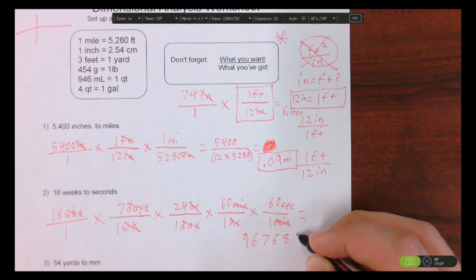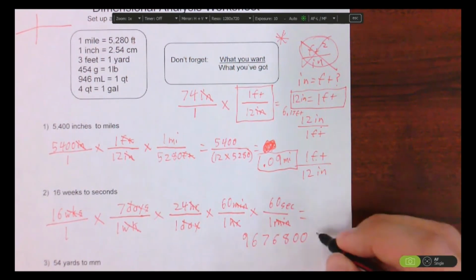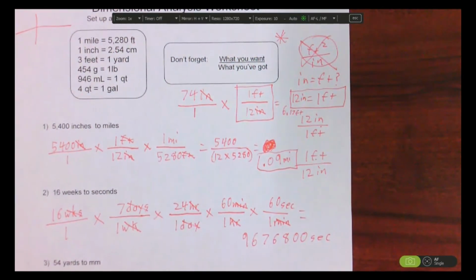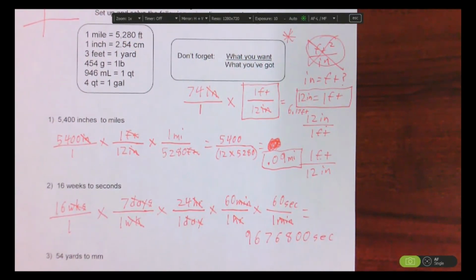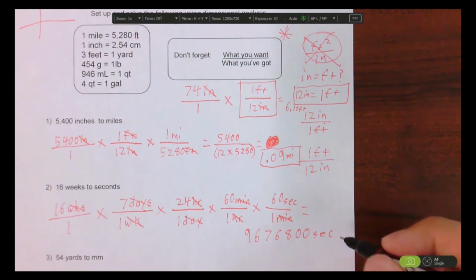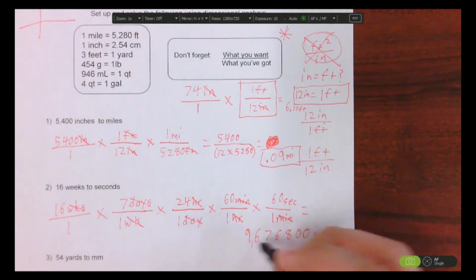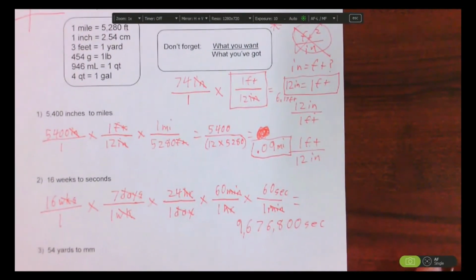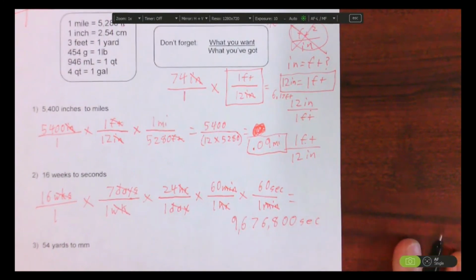No, 800. Okay, that's good. All right, so that's how many seconds, and you can actually figure out how many seconds you've been on the planet. It's actually kind of weird when you do it. So anyway, 9 million, and all that. Anyway, that's a lot to say, right?